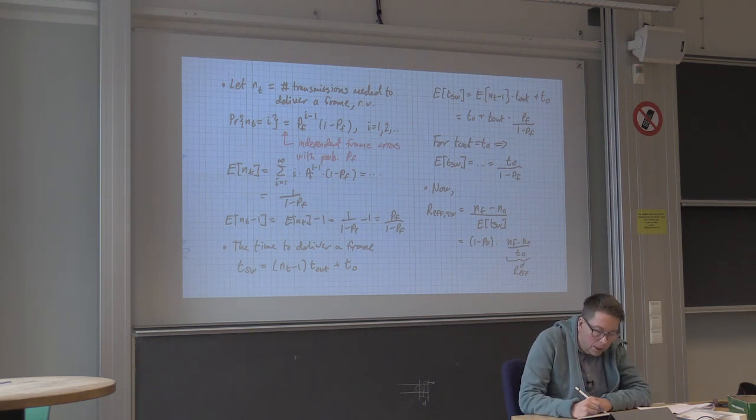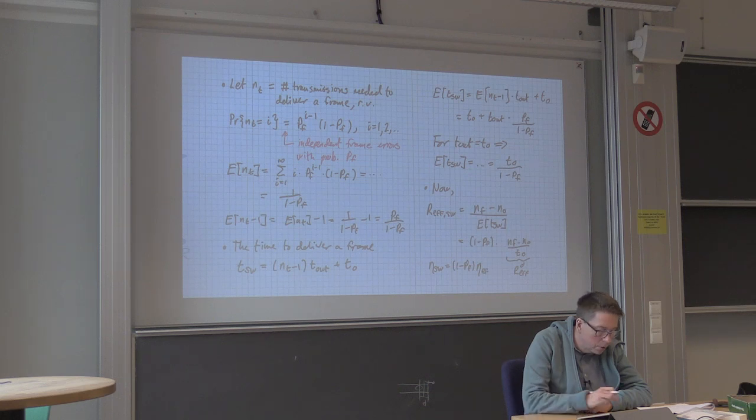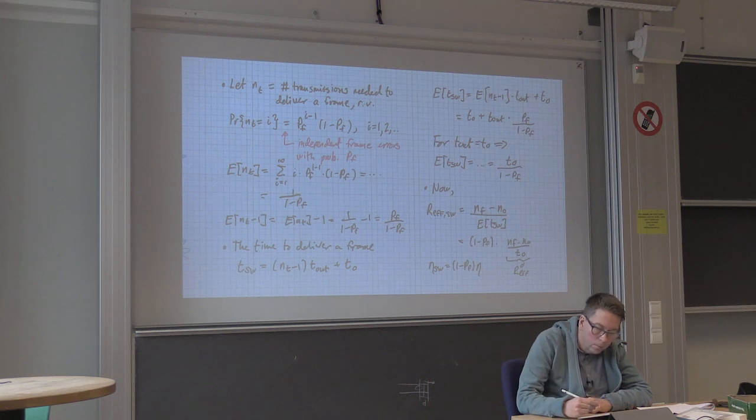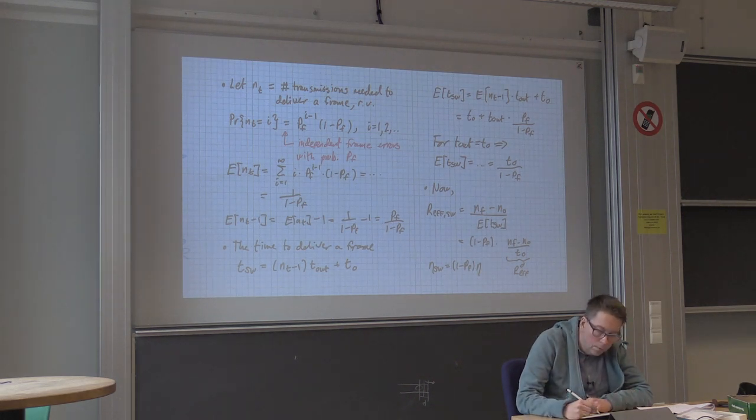If we're interested in the efficiency of stop and wait, it follows from this that it's 1 minus PF times the efficiency for stop and wait when we have 0 errors.